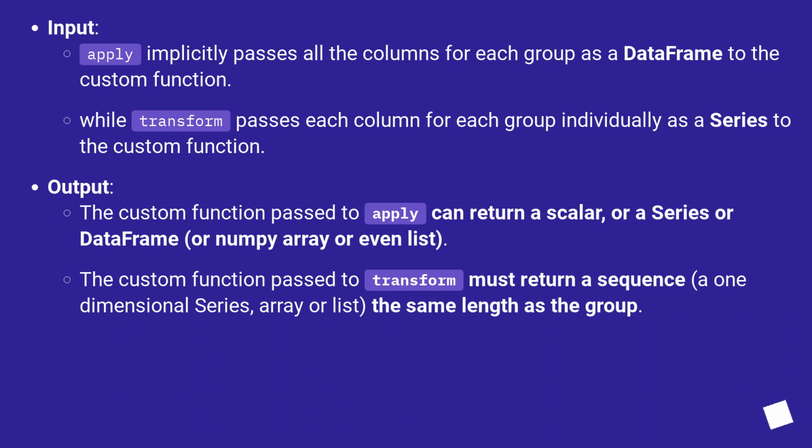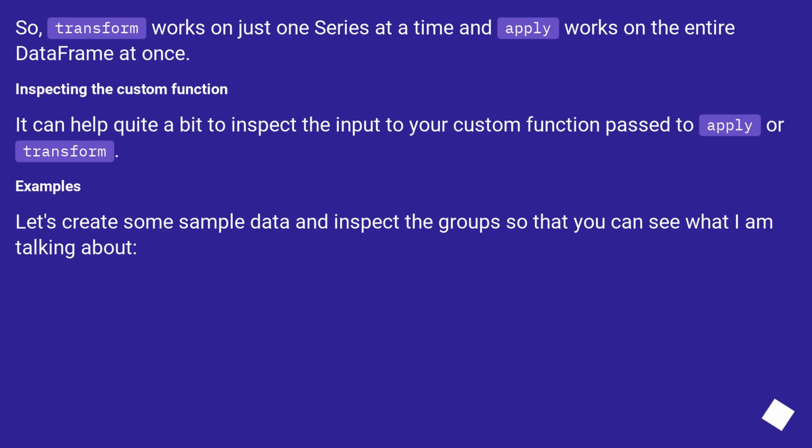Output: the custom function passed to apply can return a scalar, or a series or data frame, or NumPy array or even list. The custom function passed to transform must return a sequence, a one-dimensional series, array or list, the same length as the group. So, transform works on just one series at a time and apply works on the entire data frame at once.